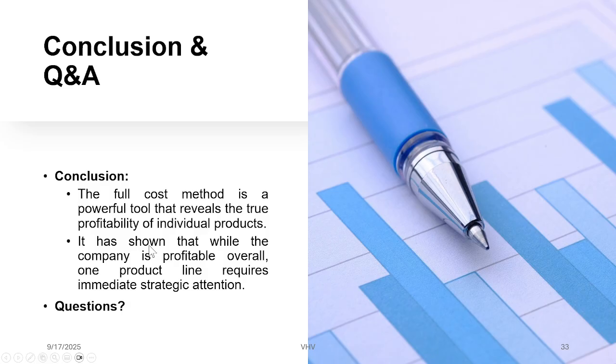This case study has clearly shown that while the company appears healthy on the whole, one of its product lines requires immediate and serious strategic attention. This is the kind of actionable insight that cost accounting is designed to provide.